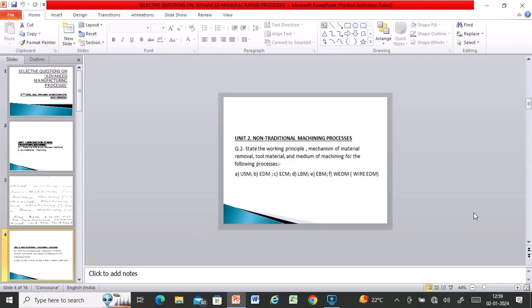Question number 2 is from Unit 2, non-traditional machining processes. State the working principle, mechanism of material removal, tool material and medium of machining for the following processes: USM, EDM, ECM, LBM, EBM and wire EDM.